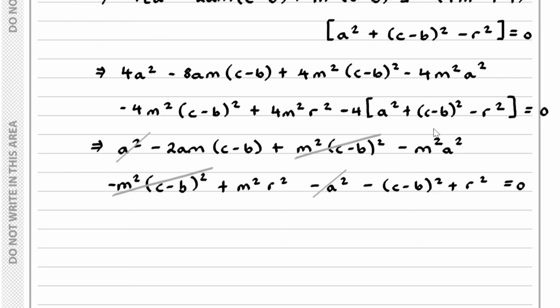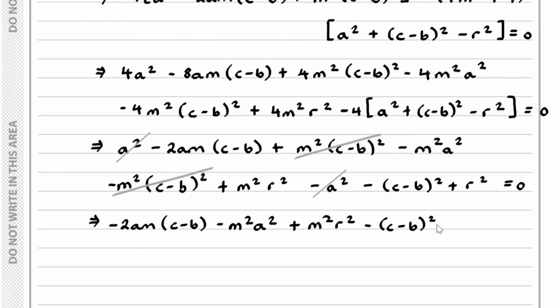So if we tidy up even further, we've got minus 2am times by c minus b, and then the minus m squared a squared, then plus m squared r squared, then minus c minus b all squared plus r squared equals 0.